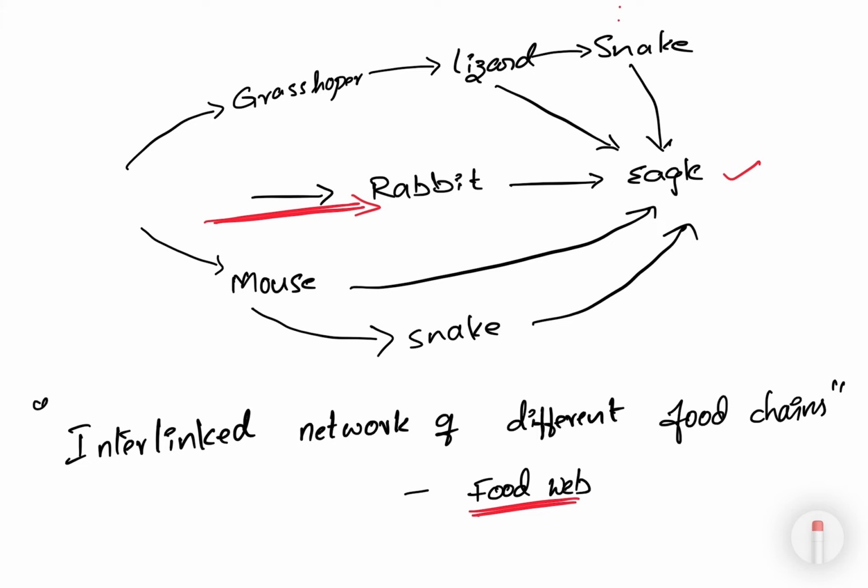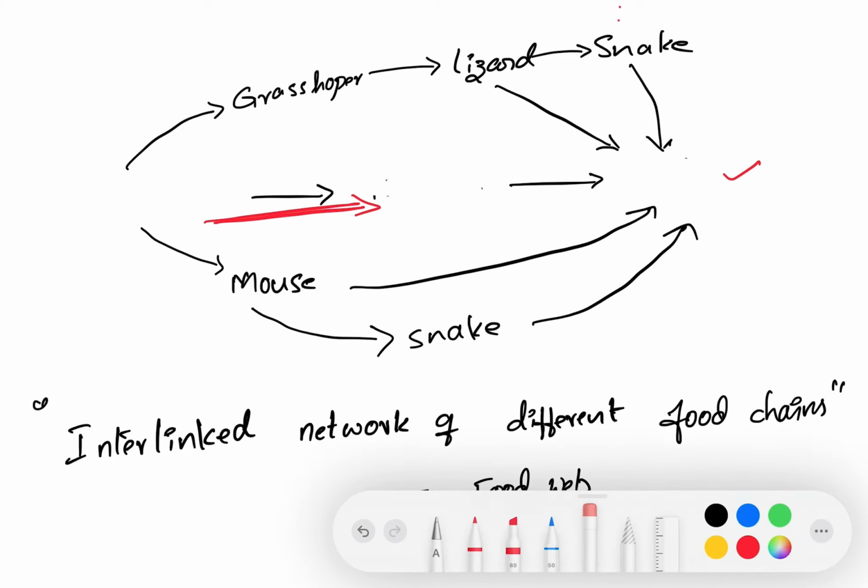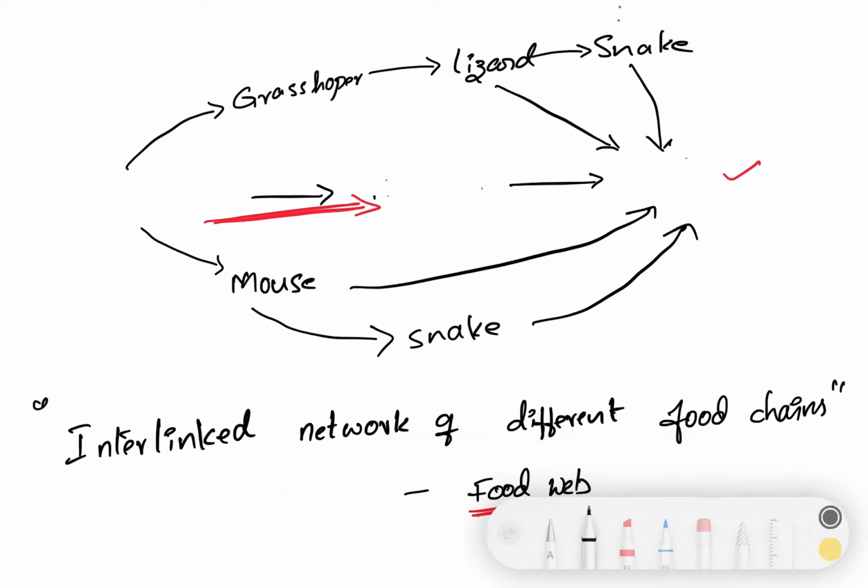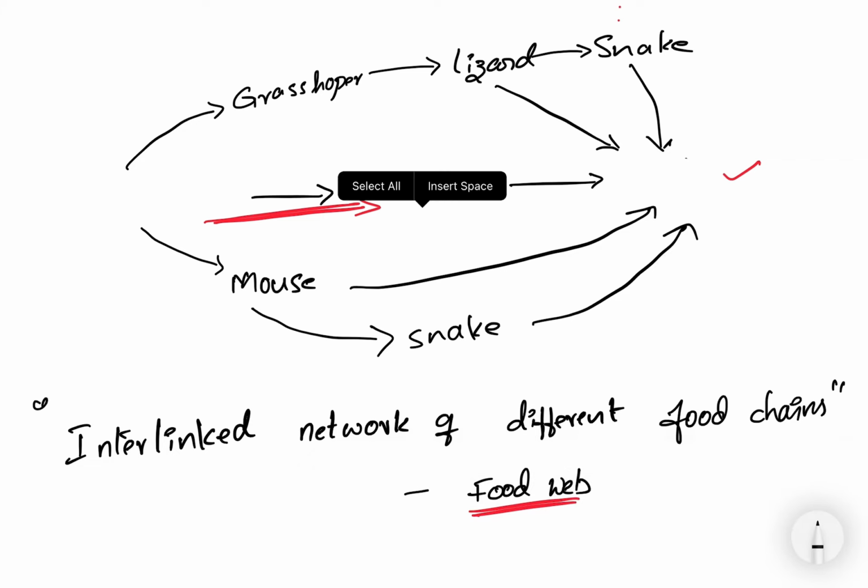As soon as the grass disappears, the rabbit disappears and the eagle also disappears. So what we need to understand here is that if any organism continuously depends on one kind of lower organism, like the rabbit continuously feeding on the grass, the grass will disappear.